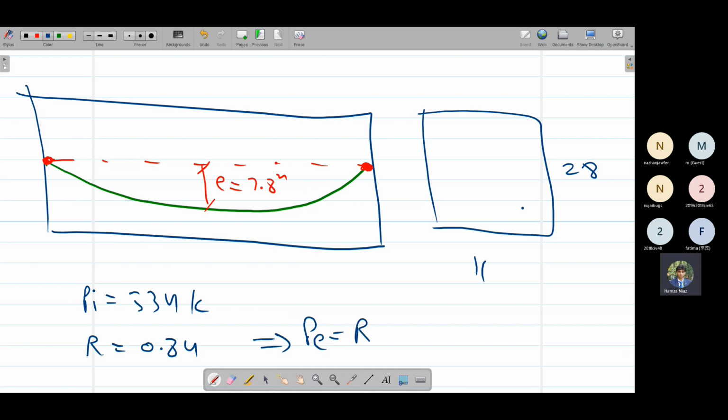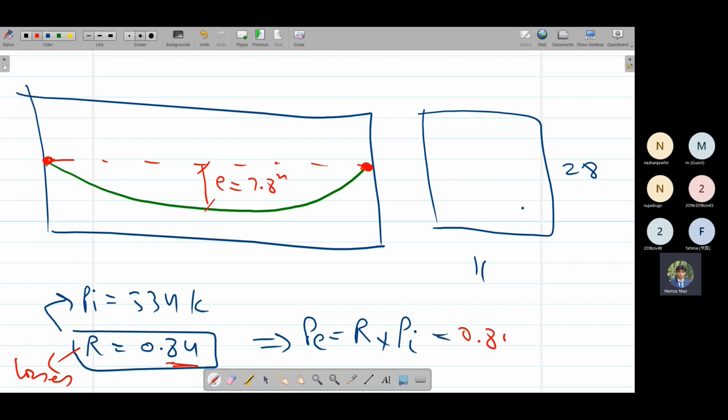That would be R times PI. R indirectly shows how much losses have occurred; here almost 16% losses have occurred. So 0.84 times 334 kips gives you PE, the effective pre-stress force.